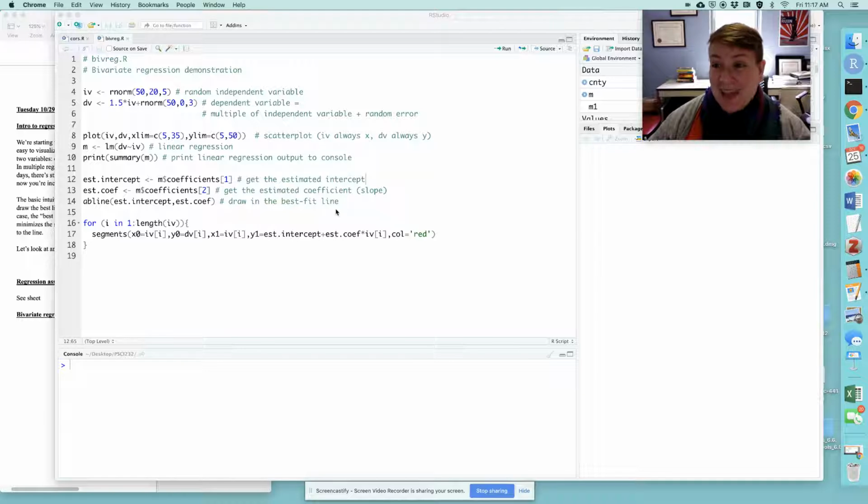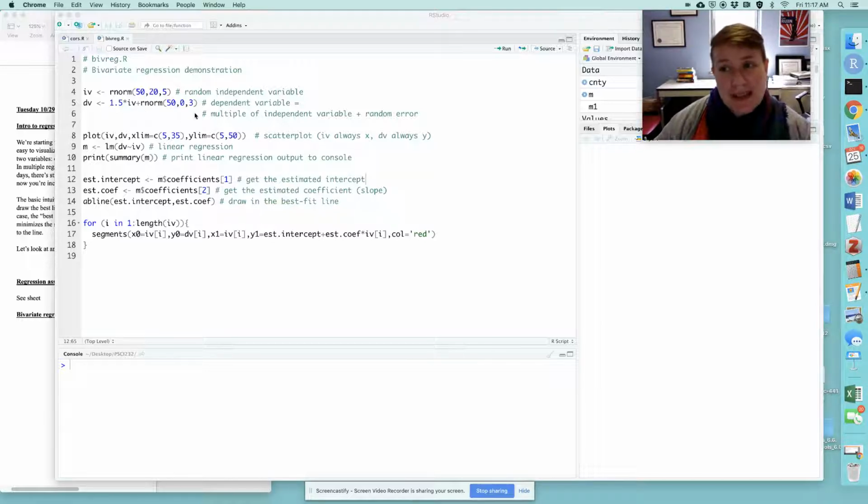I'm going to say that by definition, the dependent variable is equal to, and this should start looking to you like y equals mx plus b from high school. So y equals slope times x plus intercept, plus, in this case, error. So here, dependent variable is equal to 1.5 times the independent variable plus an error term.